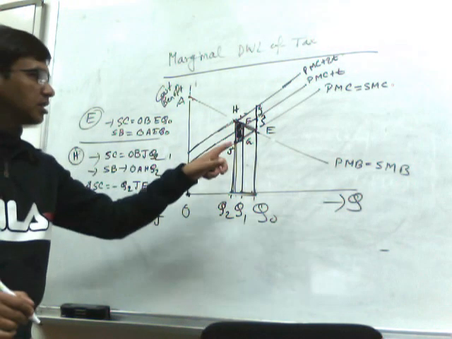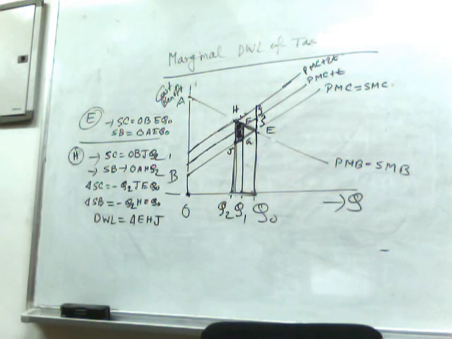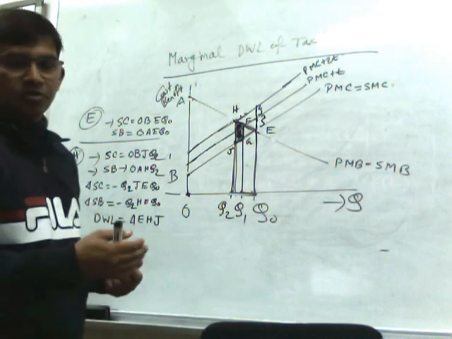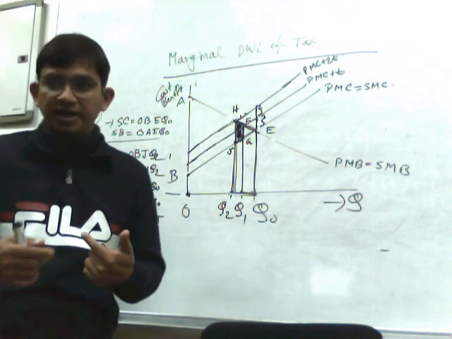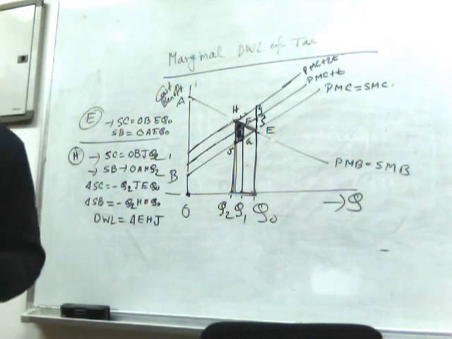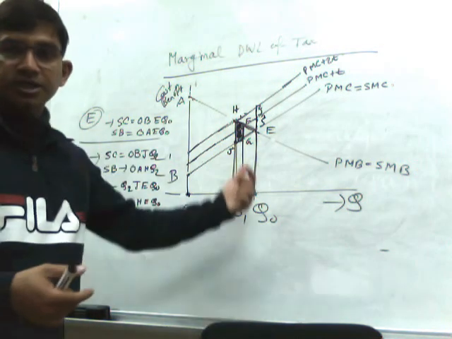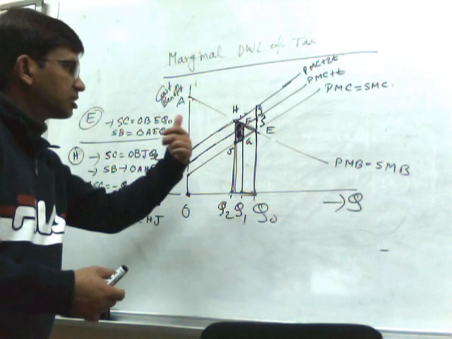So this shaded area indicates the marginal deadweight loss, and here we find that the marginal deadweight loss is greater than the initial deadweight loss. So why does it happen? Because whenever we impose a tax on the free operation of the market, that is one distortion, and whenever we increase the tax, there will be additional distortion. So that's why the effect this time will be more.